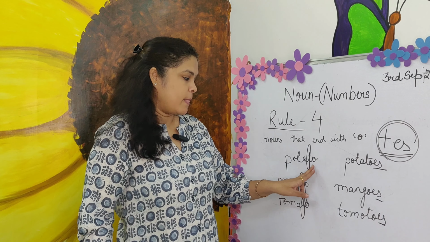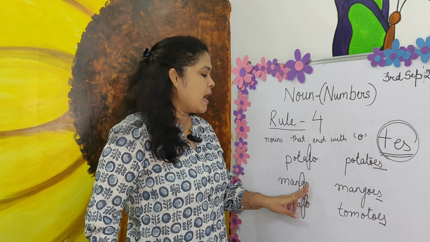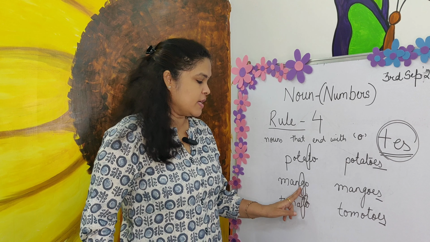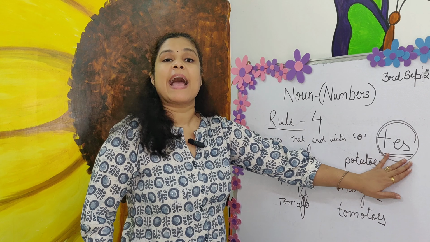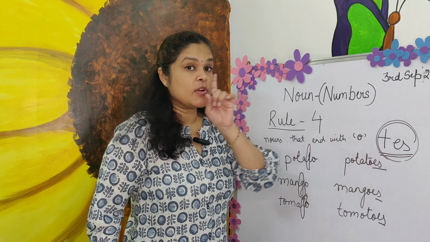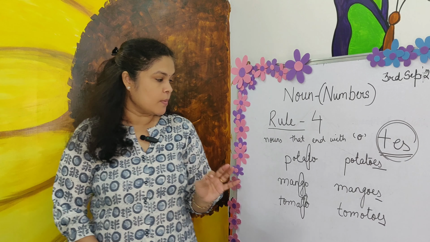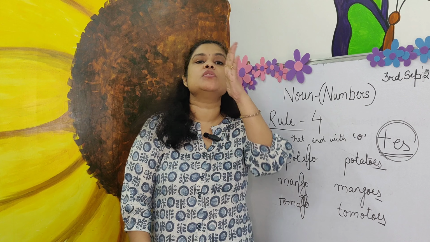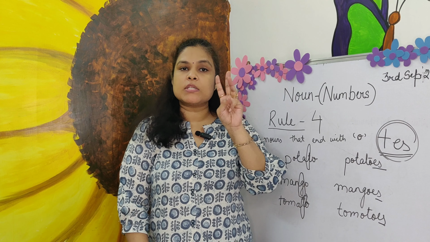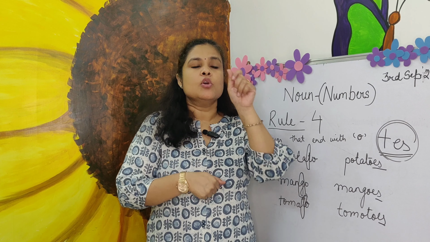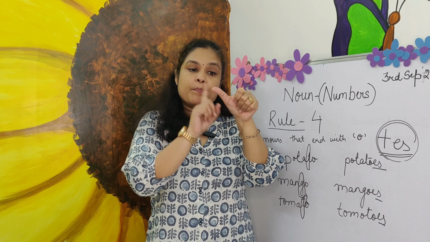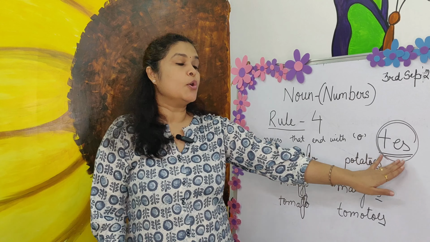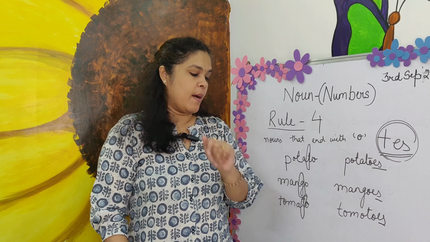So if the words which end with o have a consonant just before it, in that case this rule of adding es will apply. You have to remember this. I'll reiterate for you. Nouns that end with o and have a consonant just before it. P-O-T-A-T-O, right? See, before this o we had this T. Only then this rule of adding es will apply.